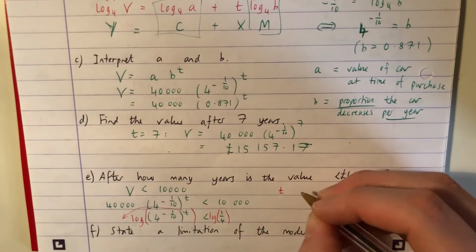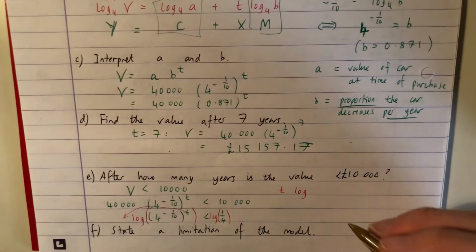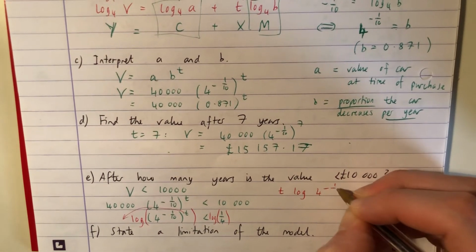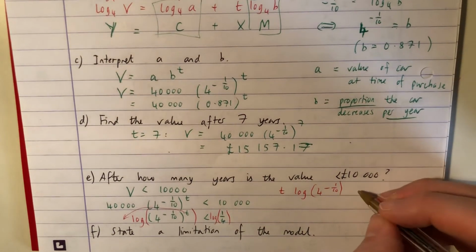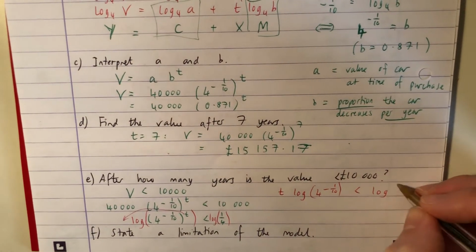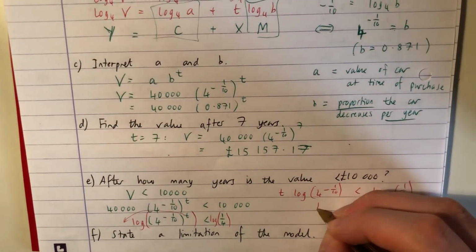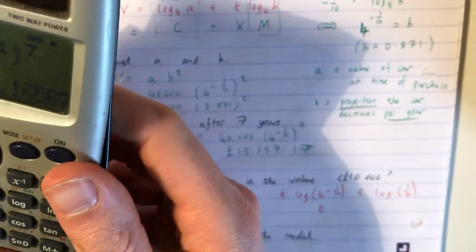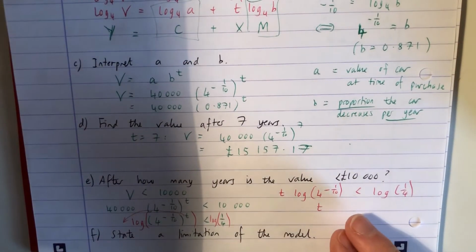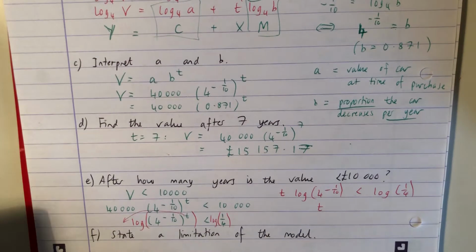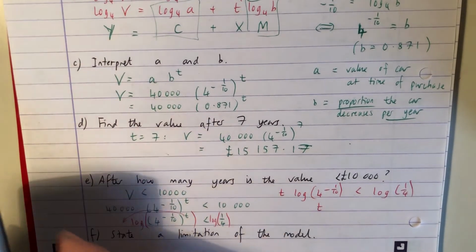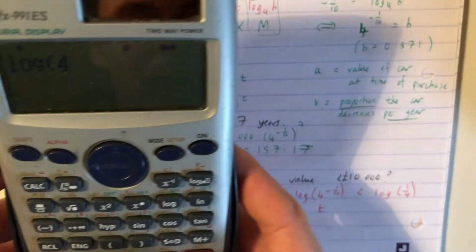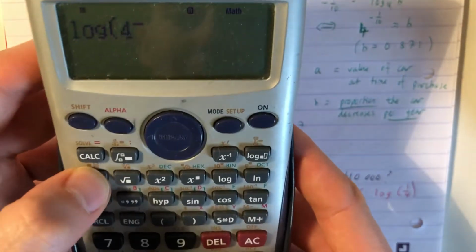So you get t log of any base 4 to the power of minus 1/10 is less than log 1/4, and t would be, now remember with inequalities, if you divide by a negative then the direction changes. So I'm just going to check on the calculator, log base 10 of 4 to the power of minus 1/10.